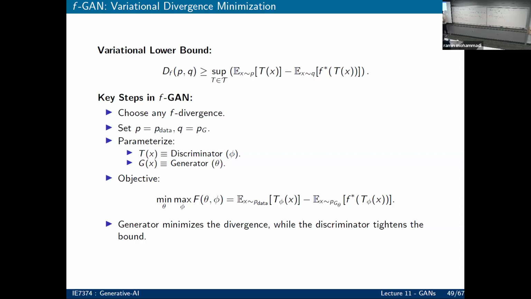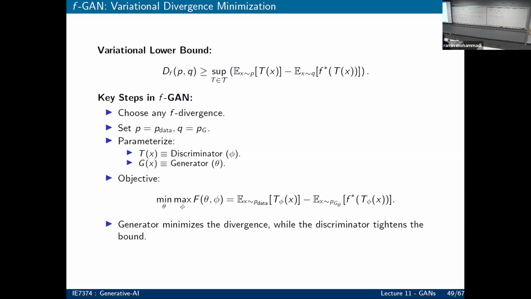Among all of these, I'm looking for a discriminator that gives me the maximum value for this separation. So this separation, what does it tell you? The expected value generated by the discriminator over the data that comes from your real data.